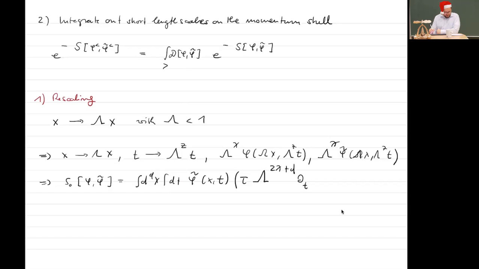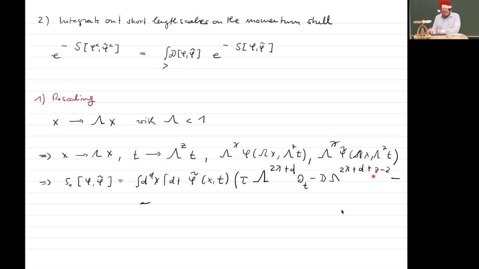So now we have this part, minus D, lambda to the 2 chi plus d plus z minus 2, times, minus, here it's again, this comes from the fields, the two fields. This comes from the integral over space.